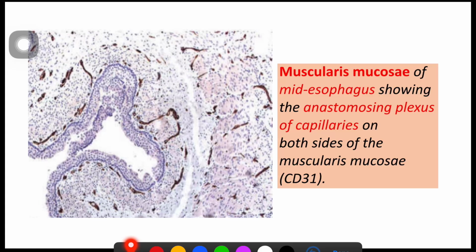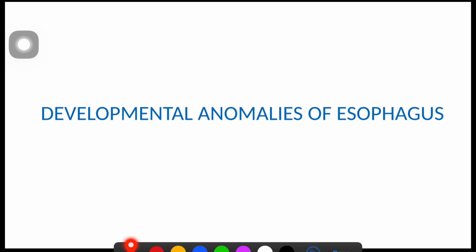And here the CD31 stain shows a section from the mid esophagus, and you can see an anastomosing plexus of capillaries. Now, what are the different developmental anomalies of the esophagus?